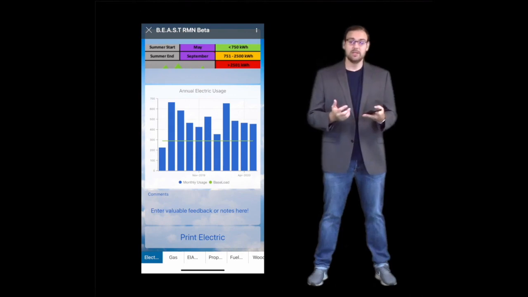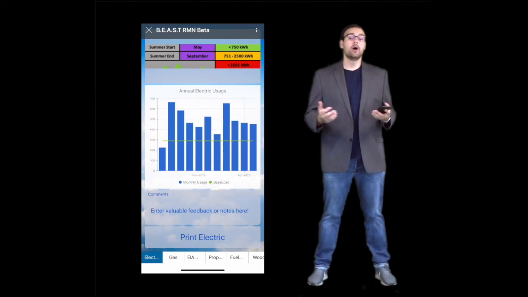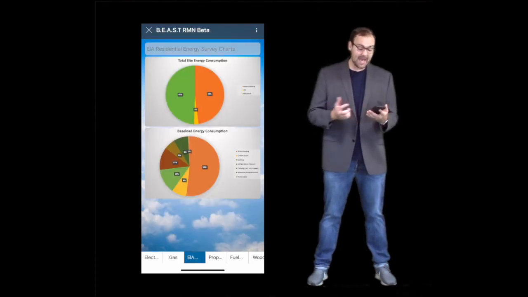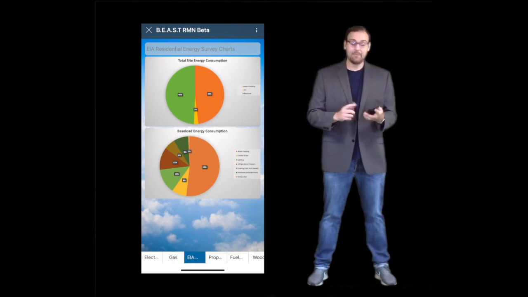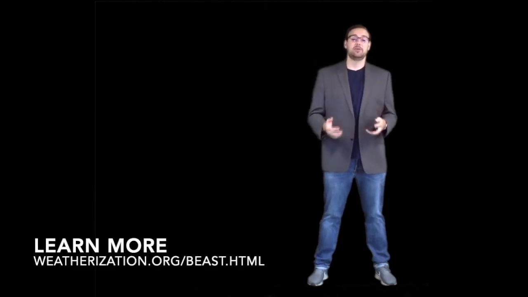The mobile version contains controls for gas, electric, propane, fuel oil, and wood, as well as the EIA baseload charts so you can better understand where specifically the majority of users are using their energy in their baseload. We hope that this app is easy to use and that you can connect with your clients better and help your workplace become more efficient.